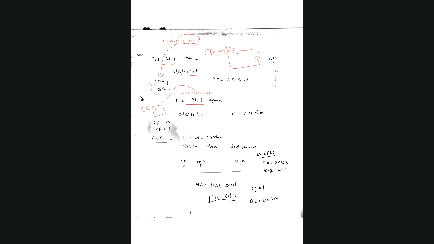This time this 1 will be removed and 0 will be kept here, and this 0 will also be copied here. Now see what number you get: 1011 is one number, and the other number is 1110. So this is what you have got, correct?